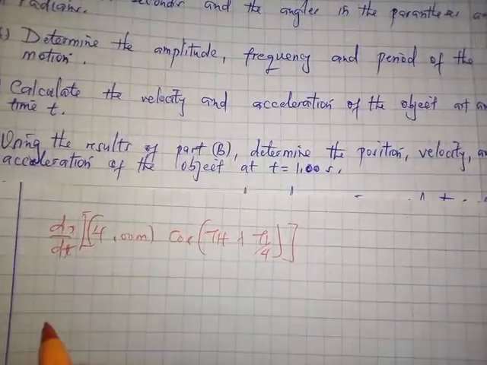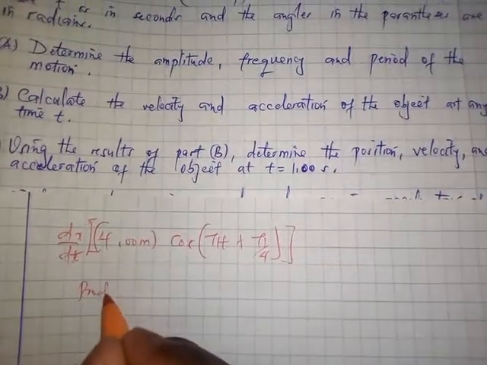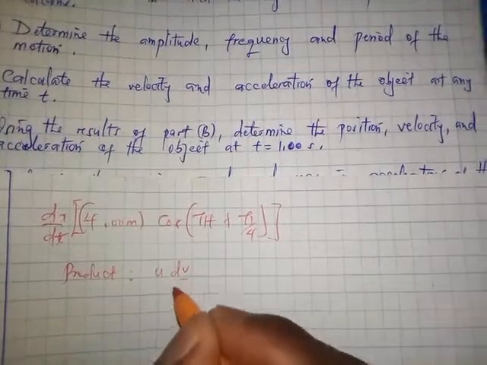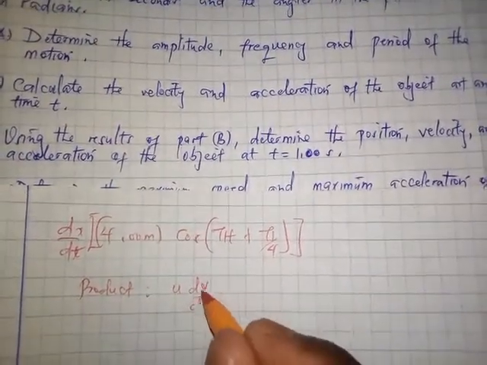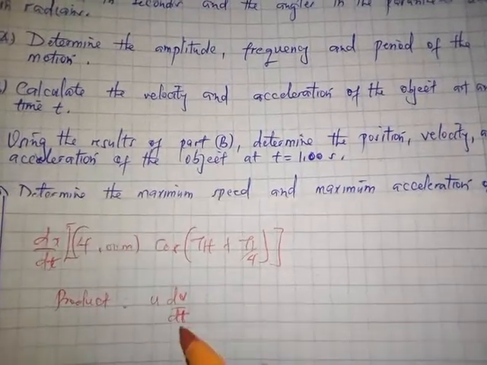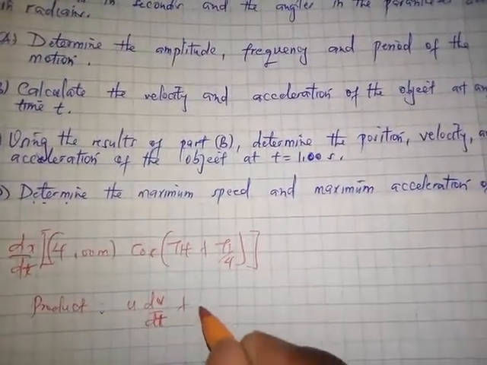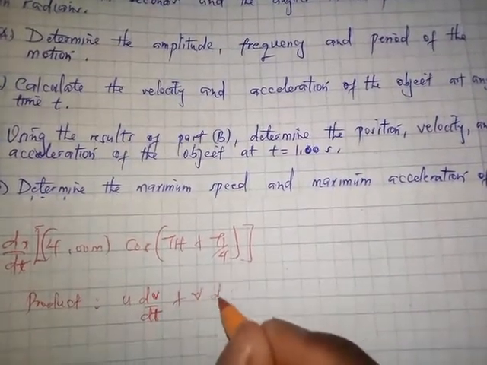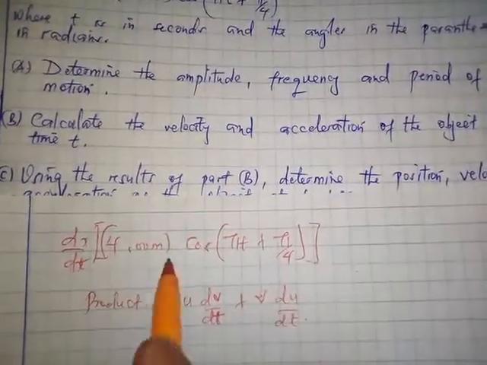The product rule from calculus states that d(uv)/dt = u dv/dt + v du/dt.